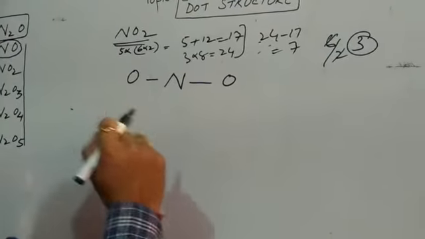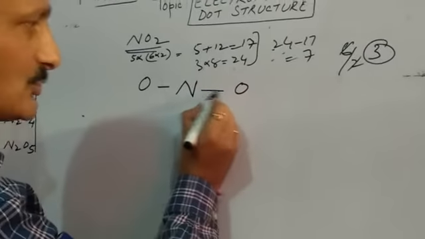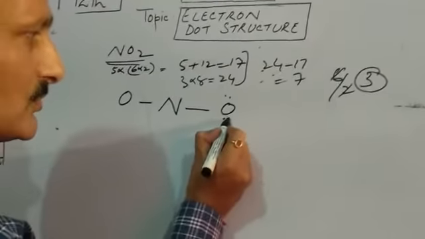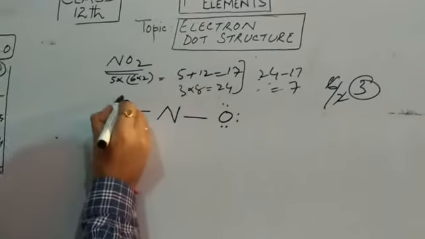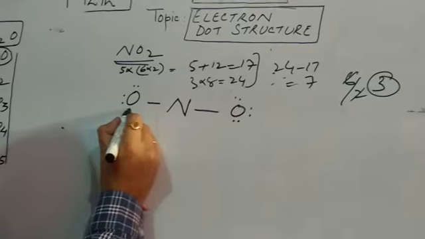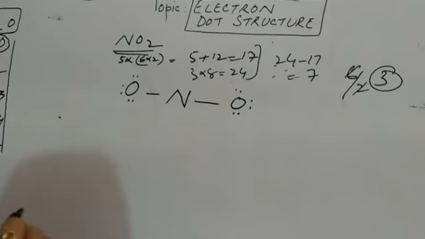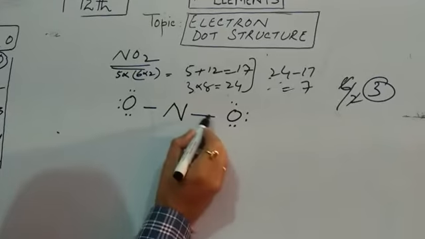Now let us complete their octets. First, the terminal oxygen atoms. It has 2 already. 2, 2, 2. Now completing the octet of this one: 2, 2, and 2, 6, 6 plus 2, 8. Coming to the central atom, 2 plus 2, 4.